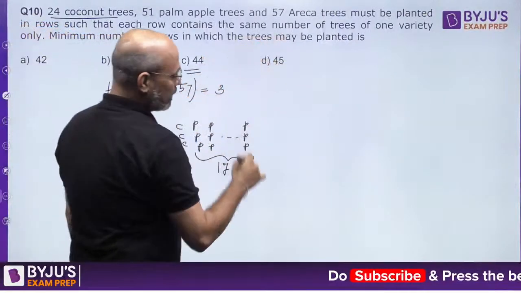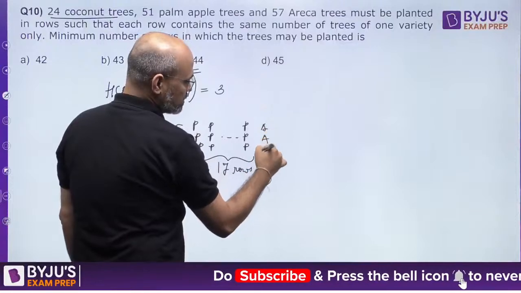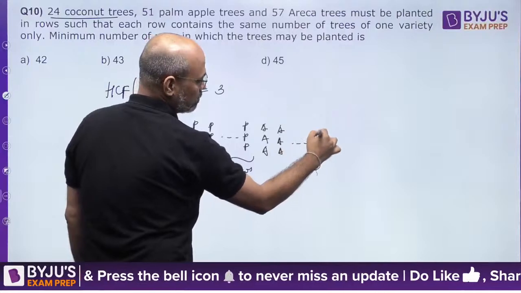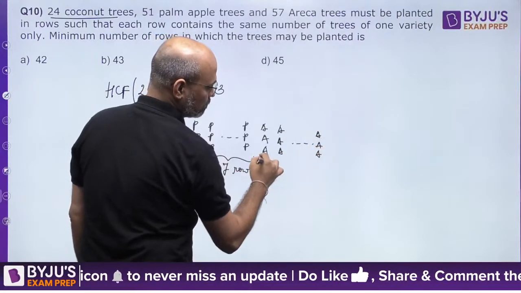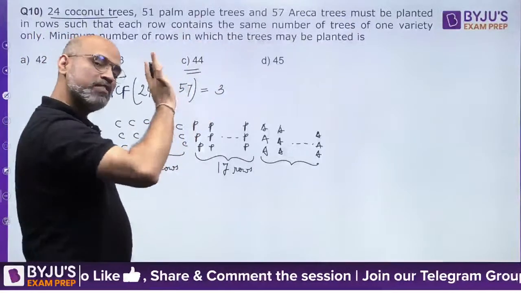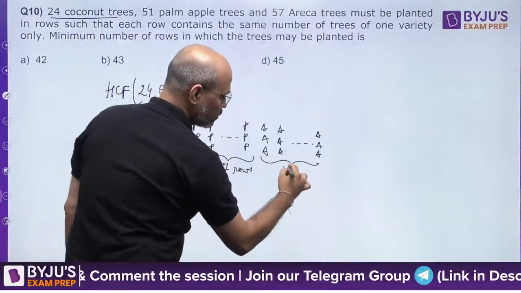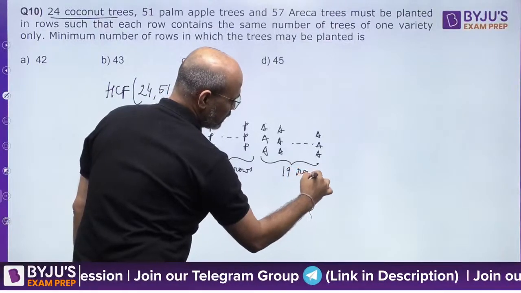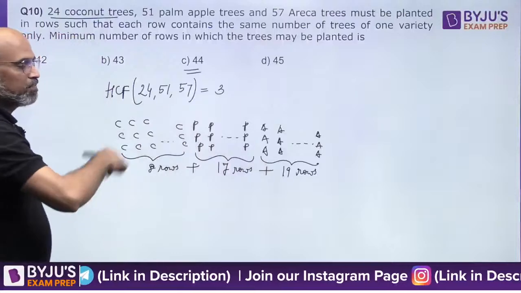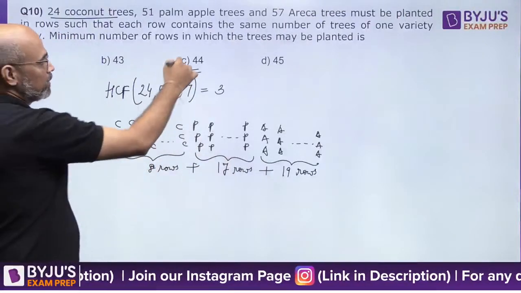And if I look at areca, if I represent that by A, so 3 arecas in every row, and I need to plant total 57 areca trees. So there are going to be a total of 19 rows that we need. So the total number of rows we will have is going to be 8 plus 17 plus 19. If you add them, it will give you 44.